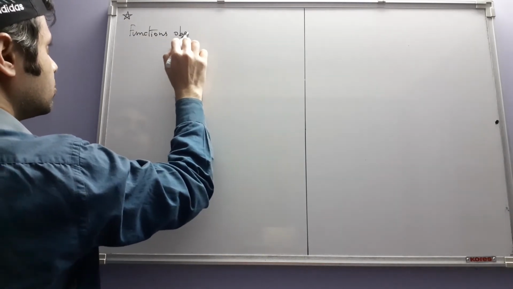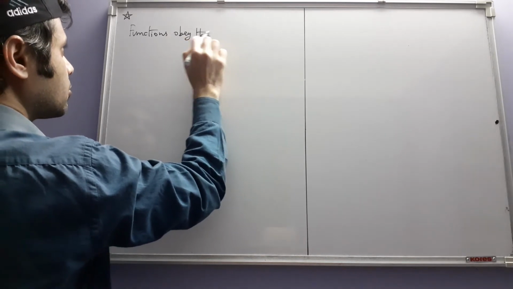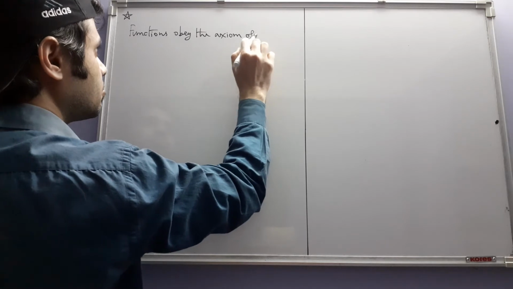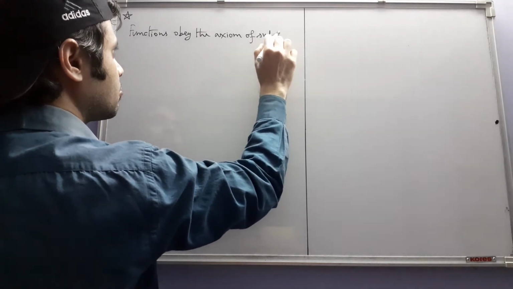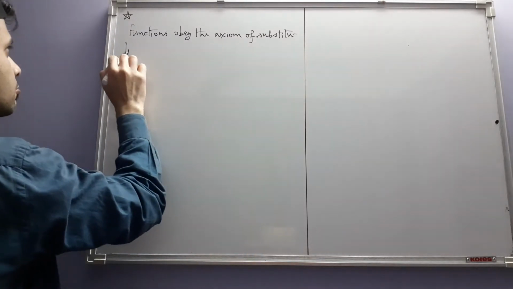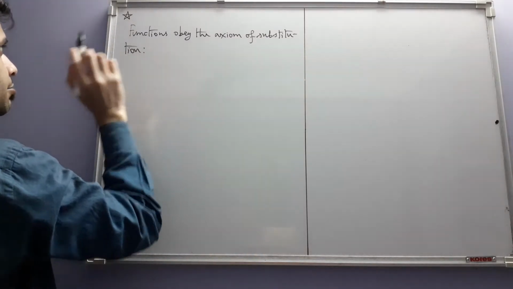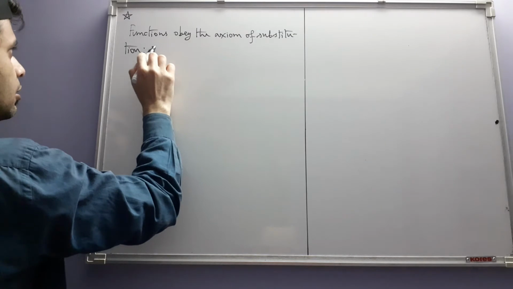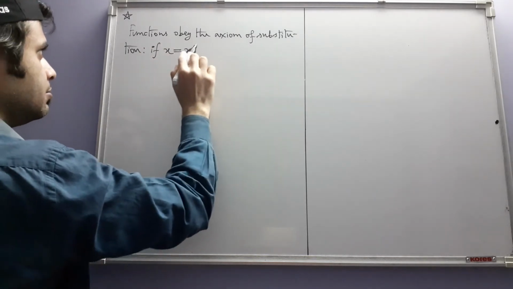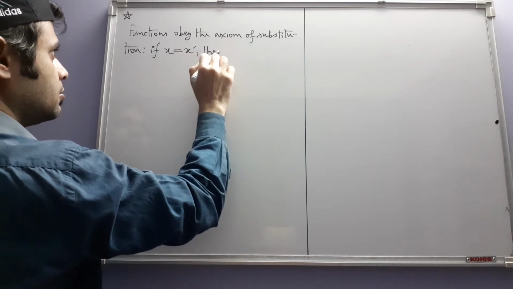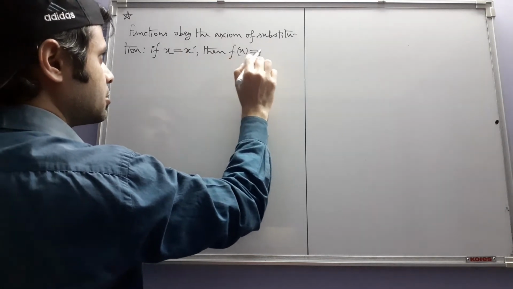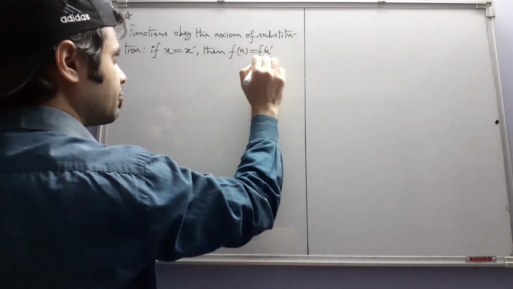Functions obey the axiom of substitution. And that means this: if x equals x prime, then f(x) equals f(x prime).